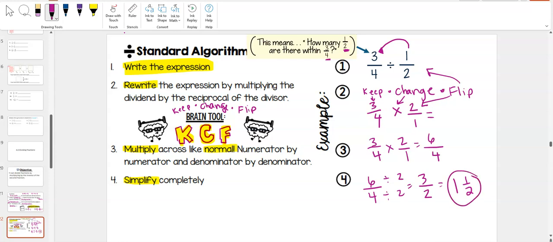Or if I wanted to, I could have turned 6/4 into a mixed number first. That would have been 1 2/4, and then divided by 2 to simplify and got 1 1/2. Both ways get me the same answer, but I can go either way. So you can either reduce first, or you can turn it into a mixed number first. Neither is wrong.